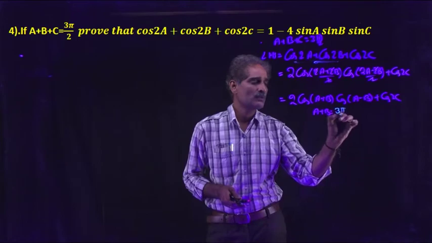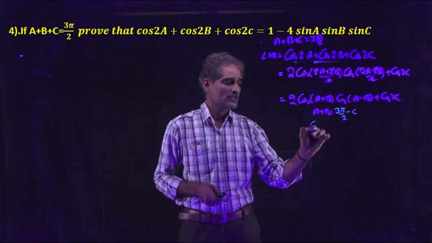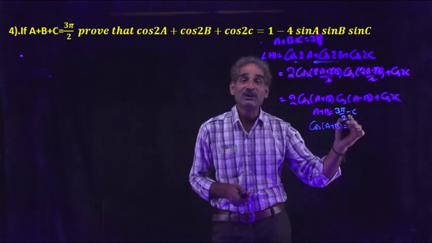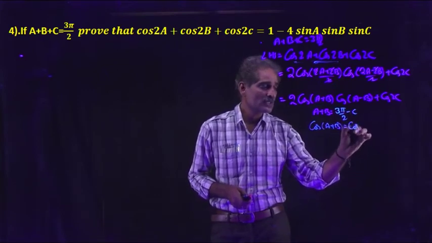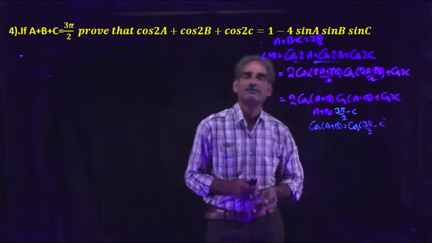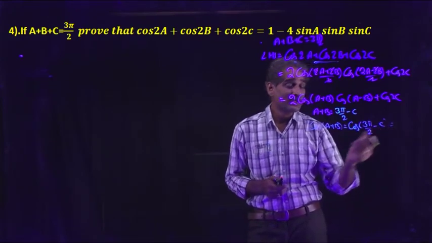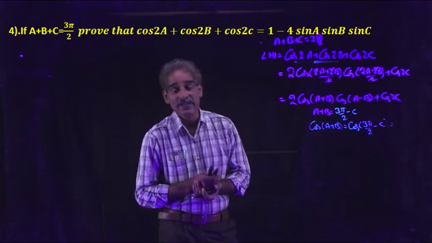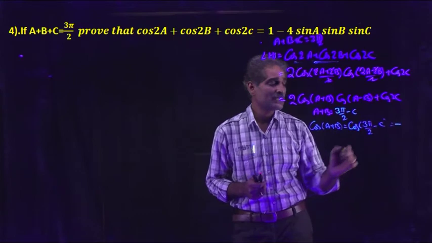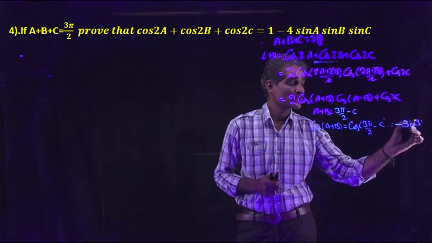Now apply cos on both sides: cos(a plus b) is equal to cos(3 pi by 2 minus c). 3 pi by 2 minus theta is an angle in the third quadrant. In the third quadrant, cos is negative, and the multiple of 90 is odd, so cos changes to sin: minus sin c.